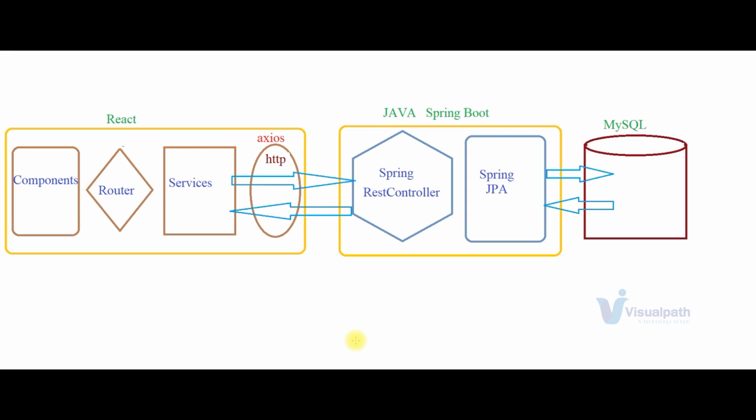That is, if you want to move this application to a cloud, we can move it to any cloud like AWS, Google Cloud, Azure, or whatever the cloud may be.